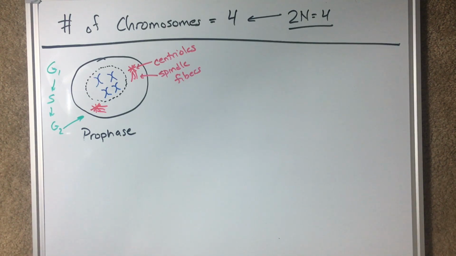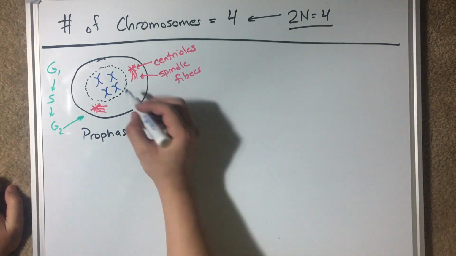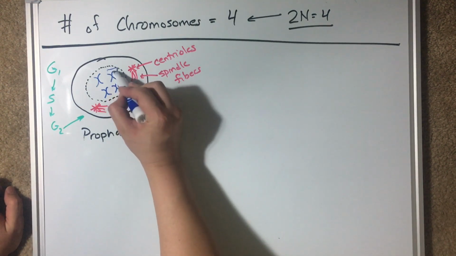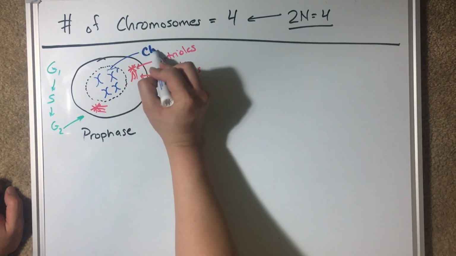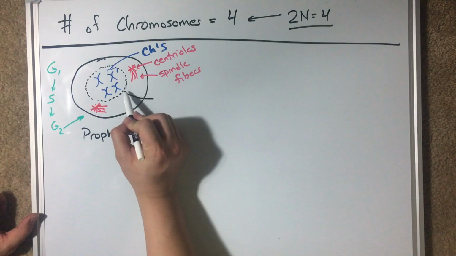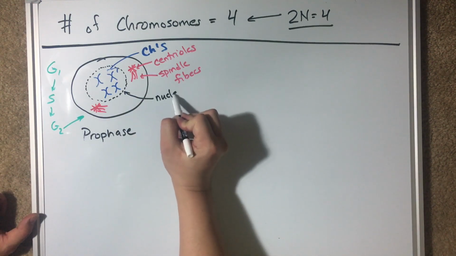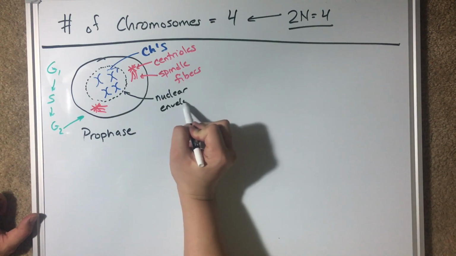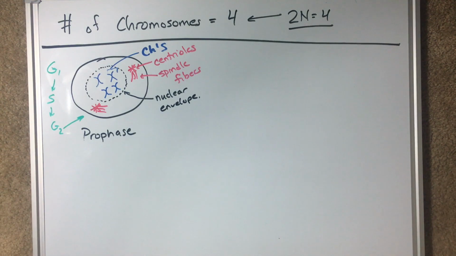I'll let your instructor change those colors to match the mother's or the father's, but this one is just to show you how it works. Once again, these are chromosomes. We also have here, this should be labeled as the nuclear envelope. So that should be prophase.